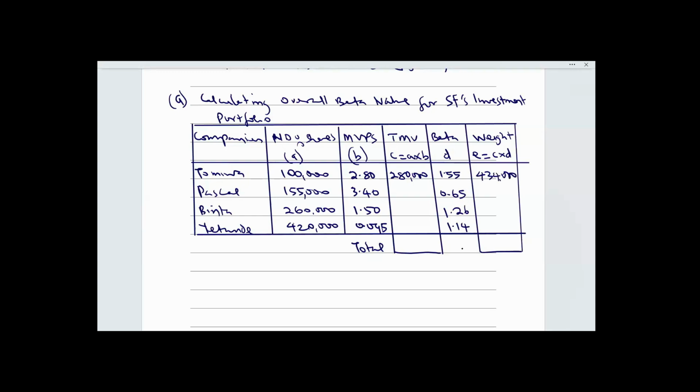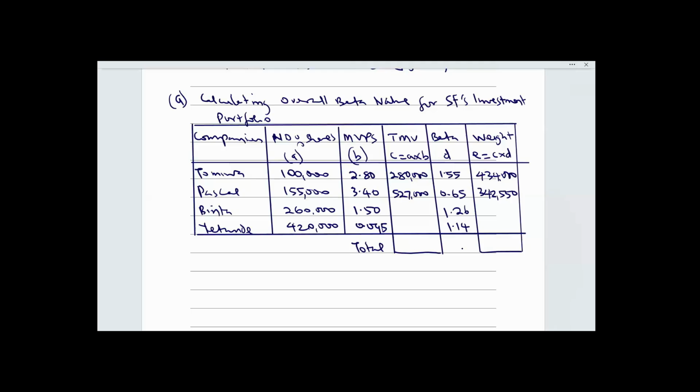Then 155,000 multiplied by 3.4 is 527,000. 527,000 multiplied by 0.65 is 342,550.